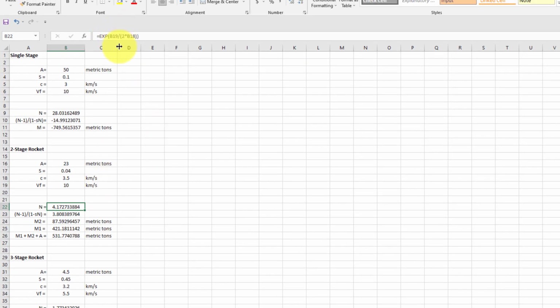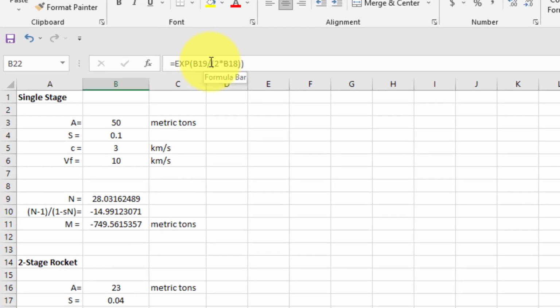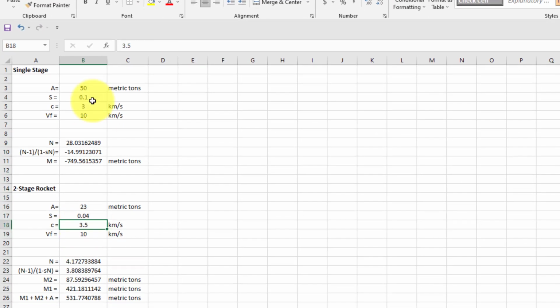It had to be e to a power of that final velocity divided by the number of stages, in this case 2, times the exhaust velocity, which is this value in B18. So what I'm computing here is e to the power of the amount in cell B19 divided by 2 times the value in this cell. And so that gives me the n value.